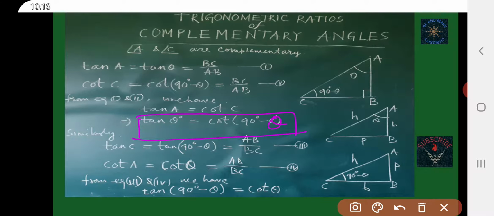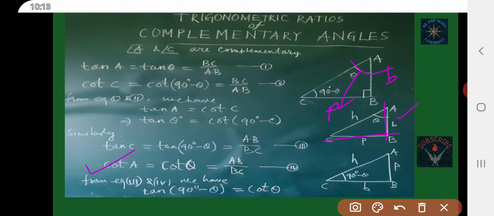Okay, similarly tan C you find. Tan C is what? P by B, P is AB, B is BC. Okay, and cot A, for this angle, P is BC and B is AB.